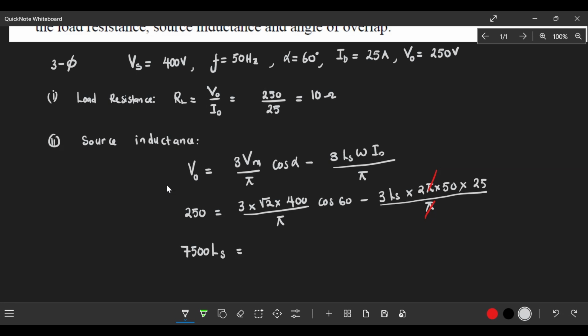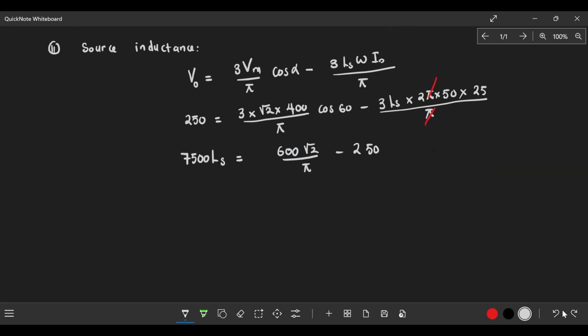Then here I have cos 60 times 400 times root 2 times 3. Cos 60 is simply half, so half of 400 is 200, and 200 times 3 is 600. So I have 600 root 2 over pi minus 250, because this 250 has to be taken to this side.